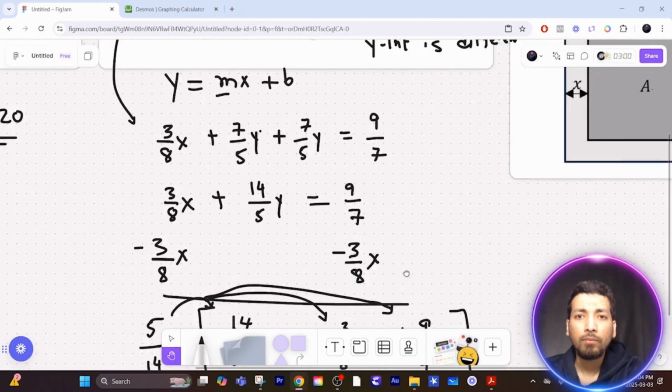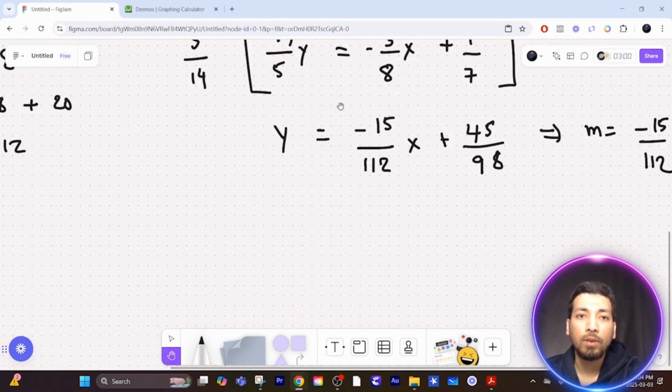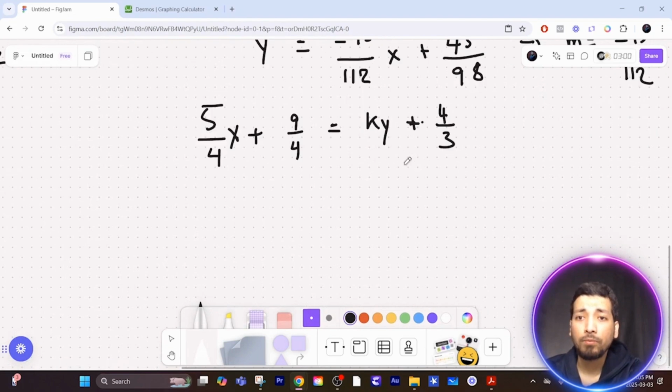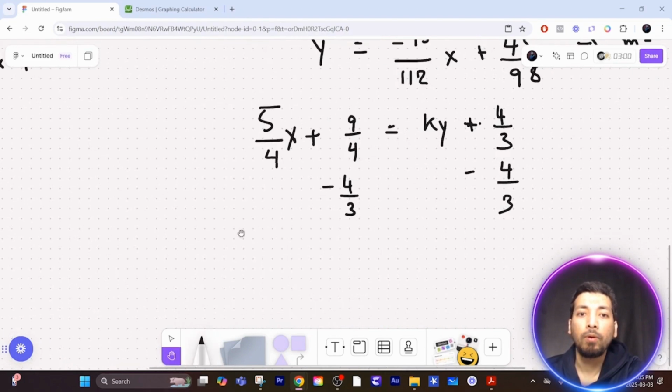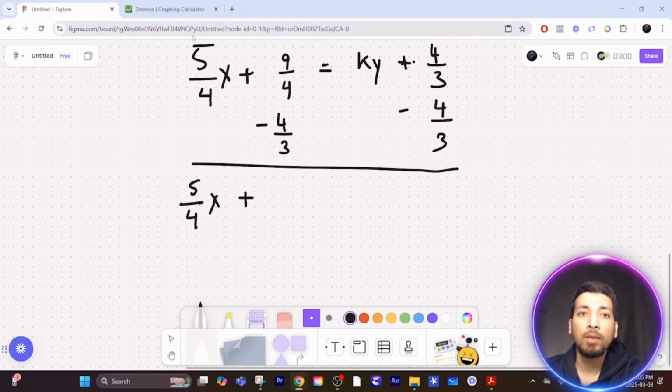Now, for the second equation, we have 5 over 4x plus 9 over 4 is equal to ky plus 4 over 3. So let me write it down. We can subtract 4 over 3 from both sides. We have 5 over 4x plus 9 over 4 minus 4 over 3.